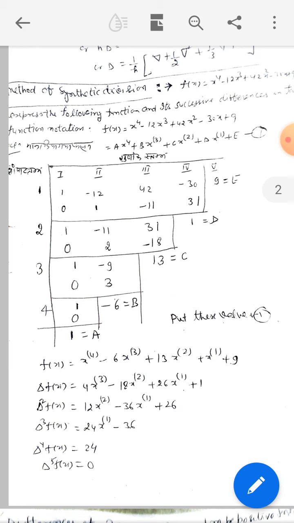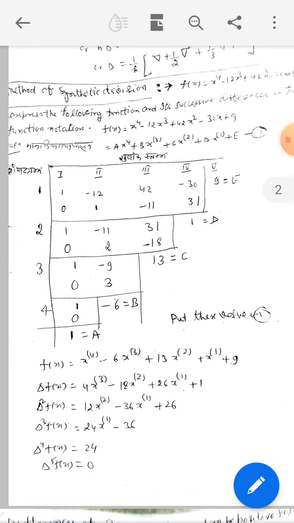Suppose this is equal to a into x to the power 4 factorial plus b into x^(3) plus c x^(2) plus d into x^(1) plus e. For the solution, we write down the coefficients of x^4, x^3, x^2, x^1: 1, minus 12, 42, minus 30.